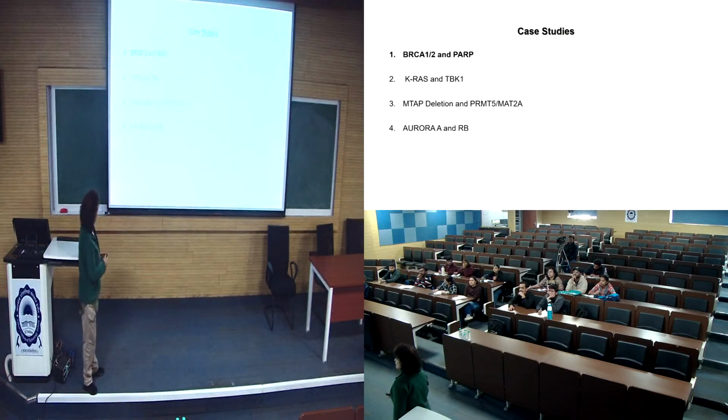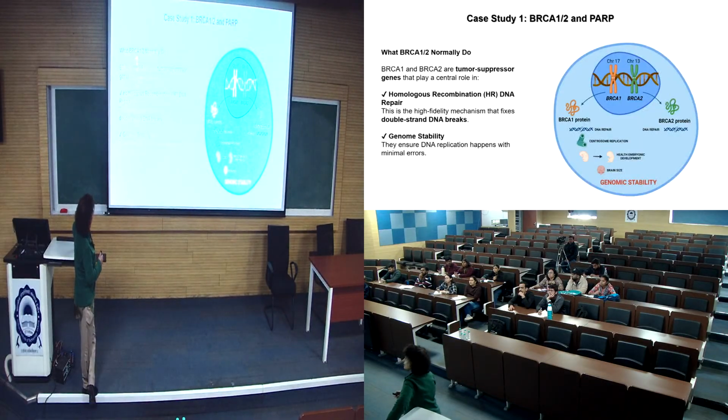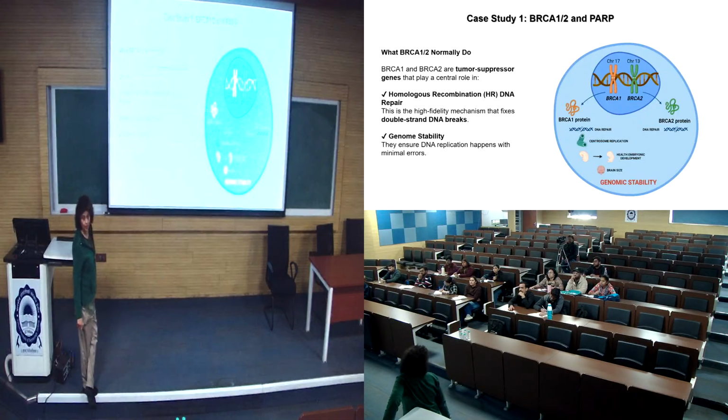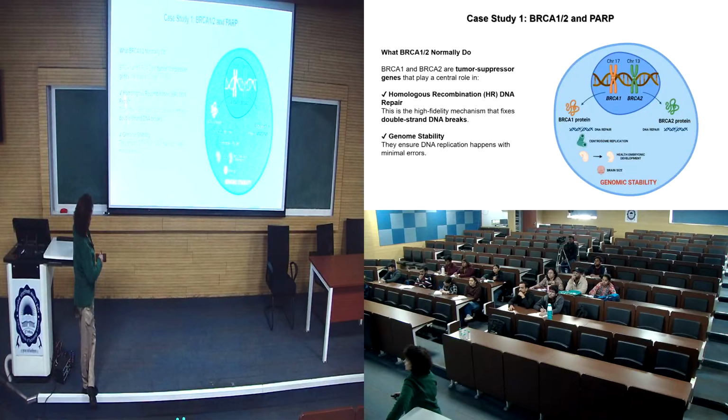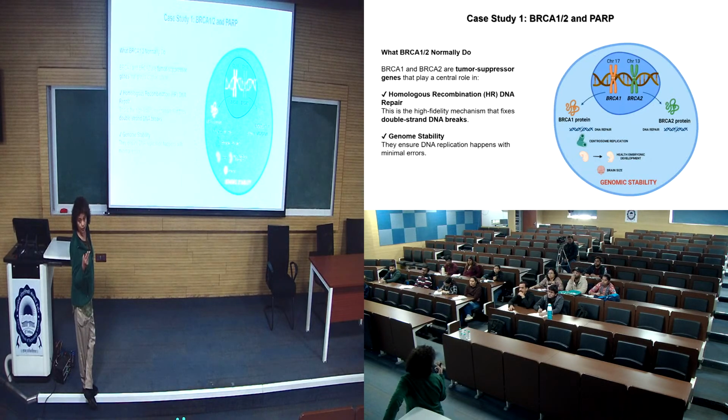So you guys know about BRCA1, BRCA2 and PARP, but I'll briefly tell you once again, and then we'll discuss 4 other cases. What are the functions of BRCA1 and BRCA2? They are tumor suppressor proteins, and they are involved in the DNA repair pathway. DNA is broken in 2 ways: single-stranded break and double-stranded break. Double-stranded breaks are obviously much more complex and much more dangerous.